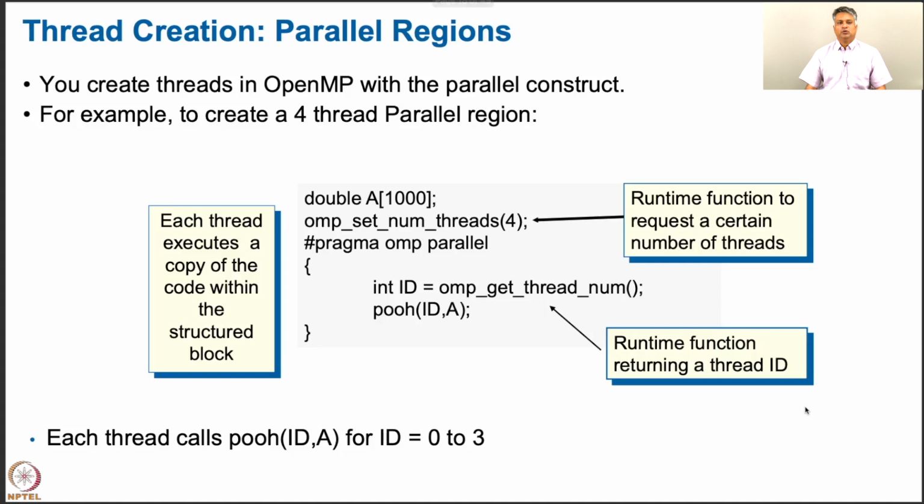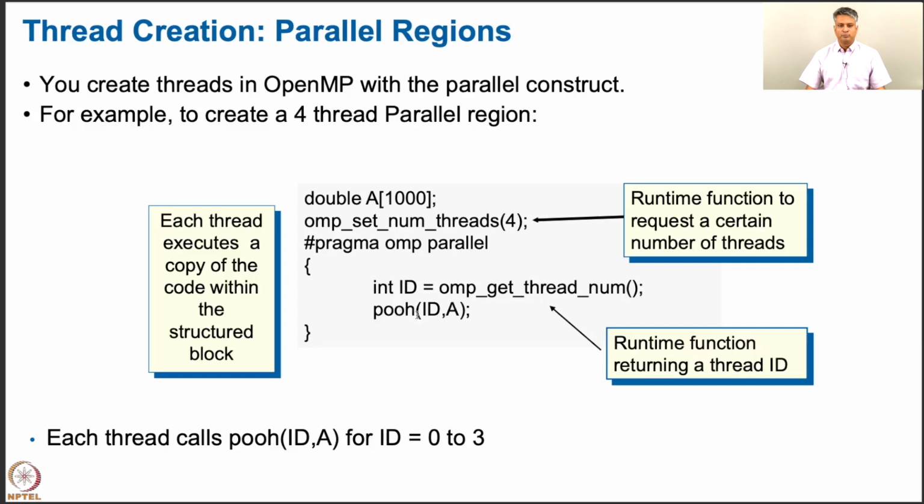Now, when you create OpenMP threads with the parallel construct, for example, in this program, you have the array A which contains 1,000 elements. You are then setting the number of OpenMP threads to 4, and then you have the parallel section. Each thread has a certain ID which is assigned individually to this variable ID.